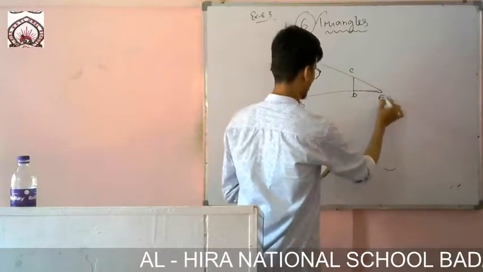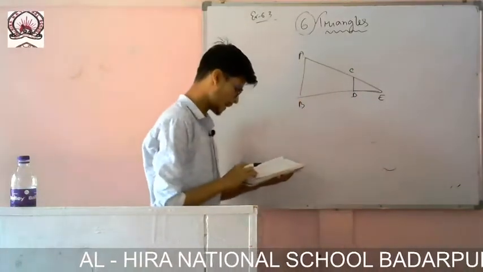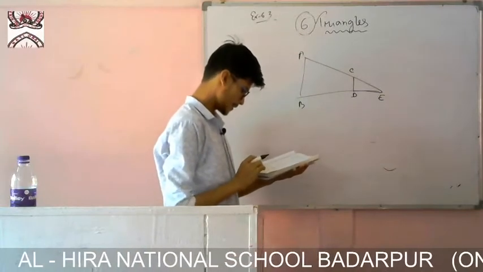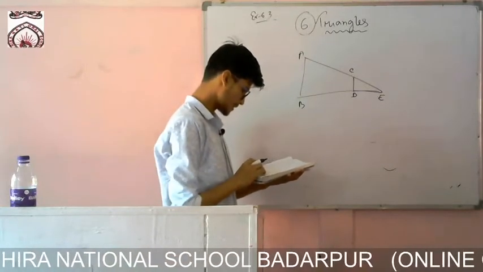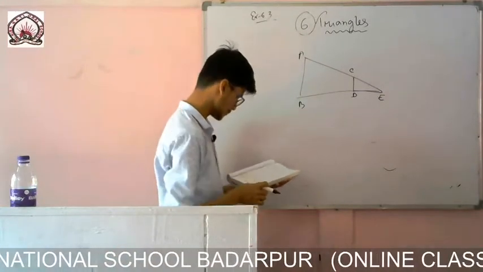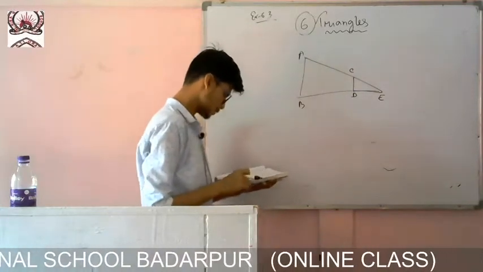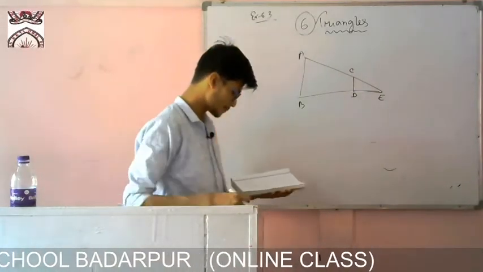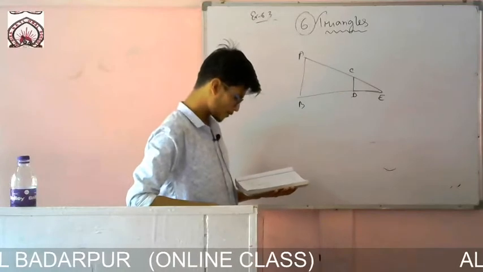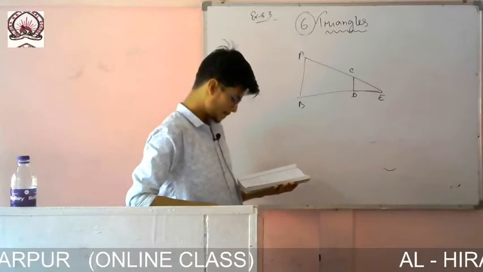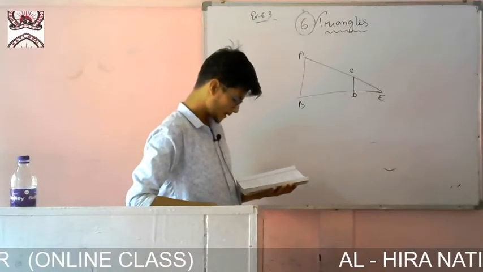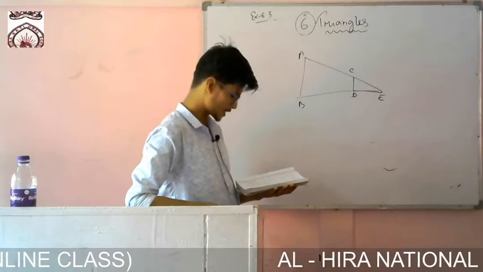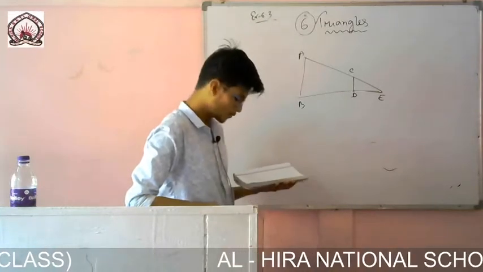This is her shadow. So you see, a girl of height 90 centimeter is walking away from the base of the lamp post at a speed of 1.2 meter per second. If the lamp is 3.6 meter above the ground, find the length of her shadow after 4 seconds. So you have to find the shadow.